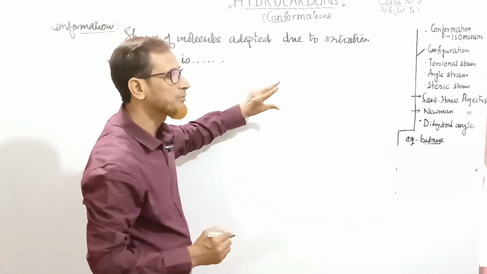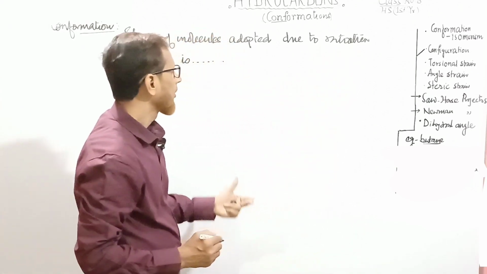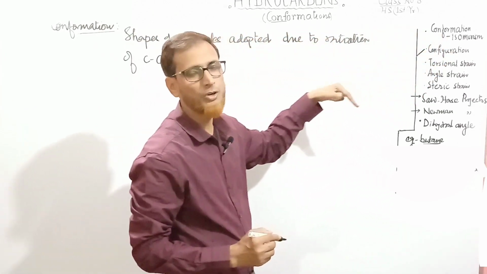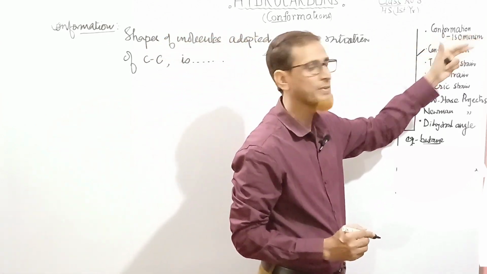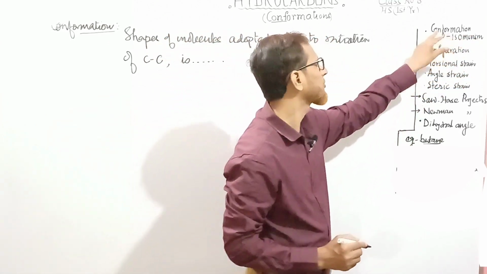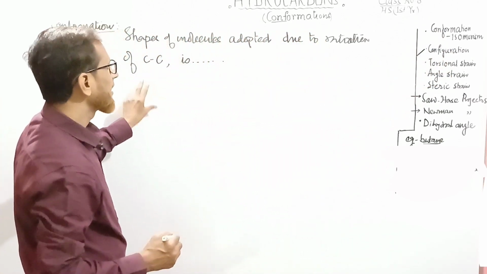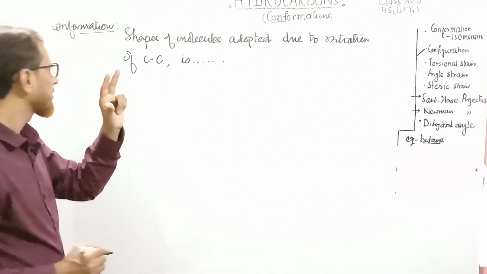Am I right? It gives spatial arrangement in different manner. So this is called conformation, and the isomers arising out of the difference in structure in space are called spatial isomers. Now what is configuration? It seems to be equal.